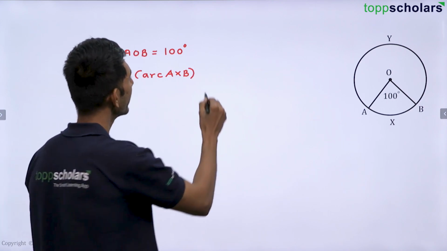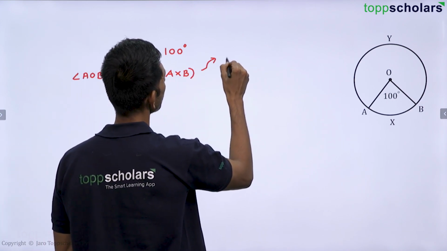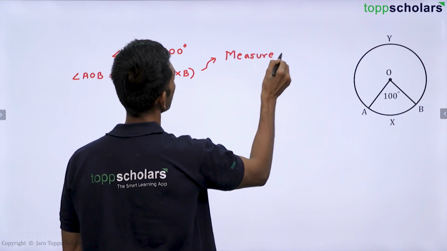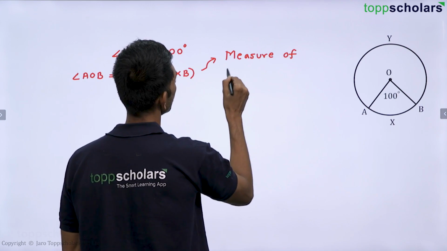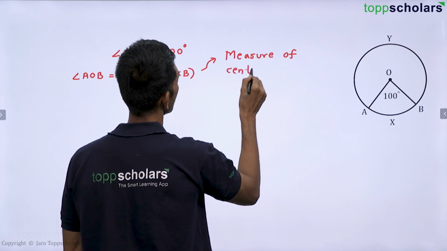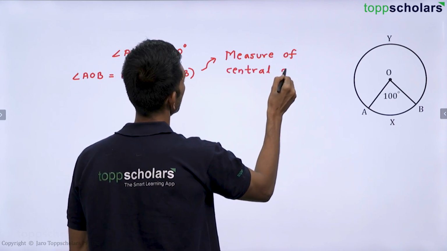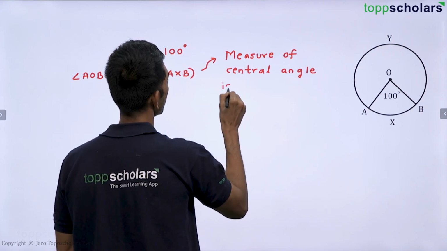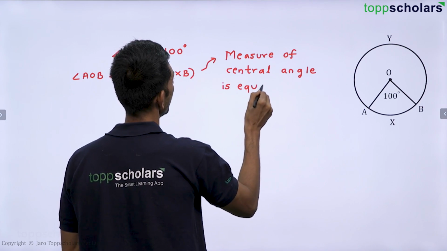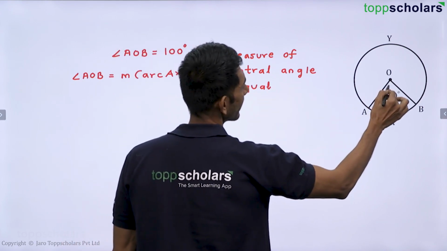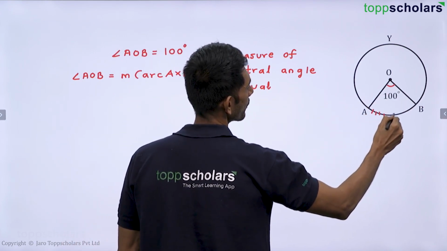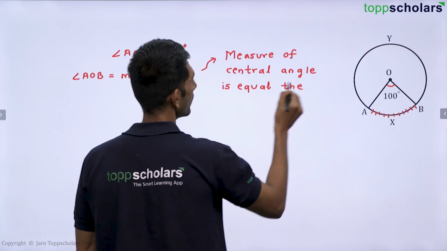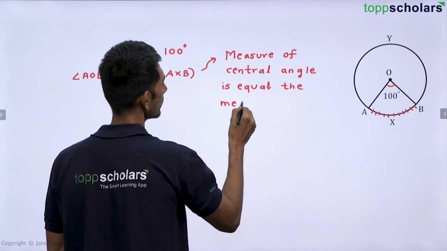Why? Because we know that measure of central angle is equal to the measure of corresponding arc.